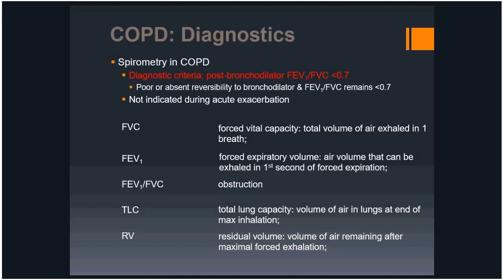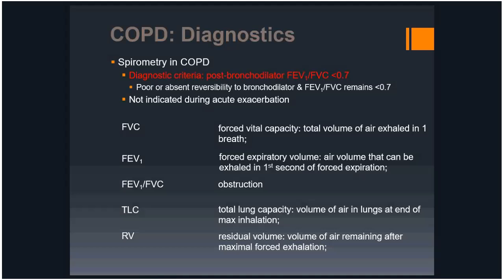Also, with spirometry, you're not going to diagnose COPD during any type of exacerbation. Understanding the pathophysiology of COPD, I want you to think about what these measurements are and what they would end up being in someone who has COPD.